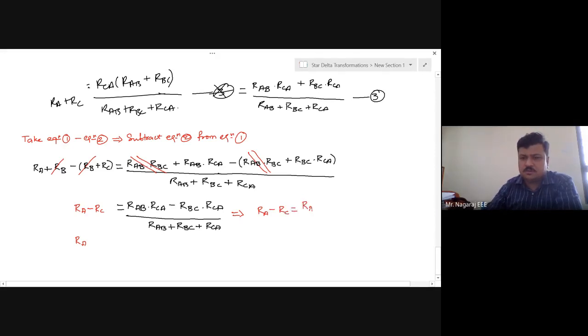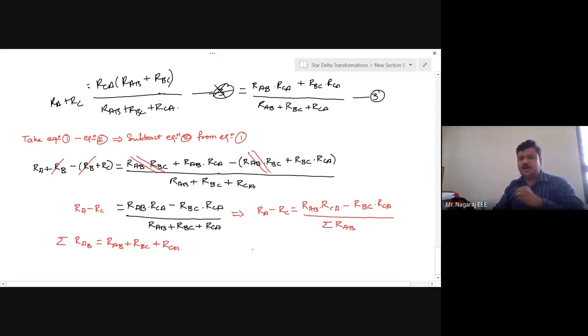So RA minus RC equals RAB into RCA minus RBC into RCA, divided by summation RAB, where summation RAB equals RAB plus RBC plus RCA.